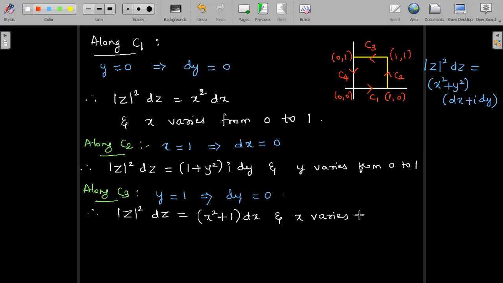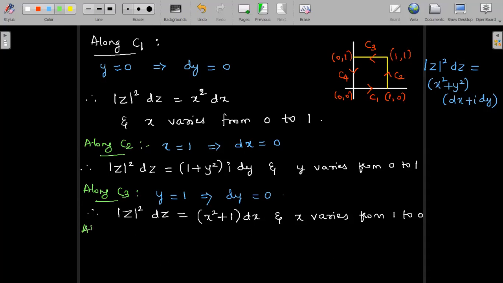So x varies, looking into the figure along C3, from 1 to 0. Please look into the arrow mark. So it is varying from 1 to 0. And how did I get this? Here we are substituting every time in mod z square dz. So x square plus y square, y is 1, into dx as it is, plus i dy. dy is 0, so i dy goes to 0. So this is along C3. And one last one, this is along C4.